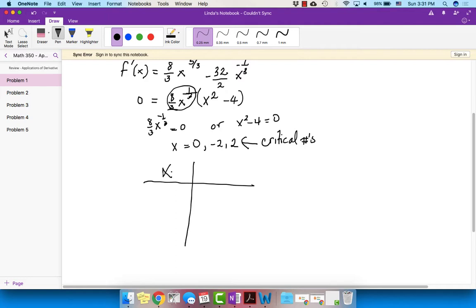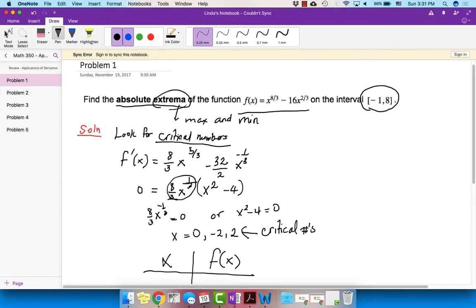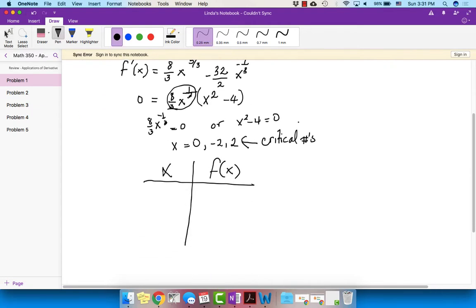When you find absolute extrema, whether maximum or minimum, you not only look at critical numbers, but you will also look at the endpoints of the interval.